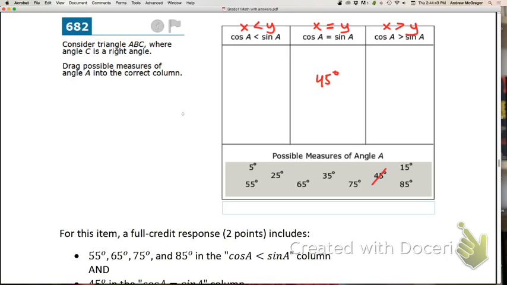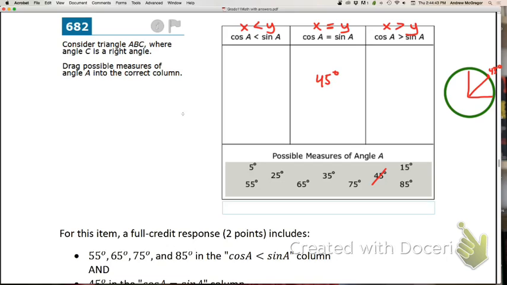This is where you have to visualize the unit circle. So 45 is right here. Above 45, over 6. As we move this way, is our x coordinate getting smaller or bigger? It's getting smaller than my y coordinate.